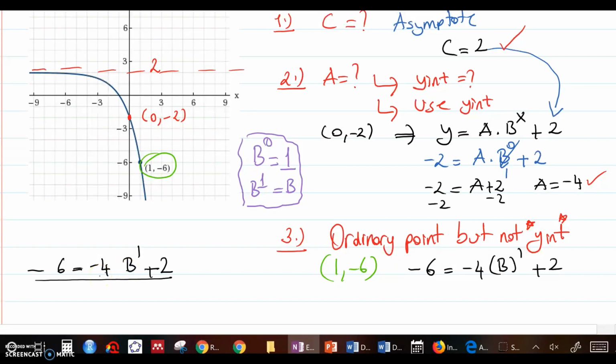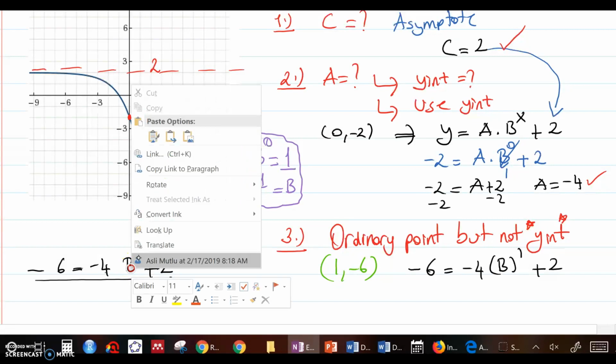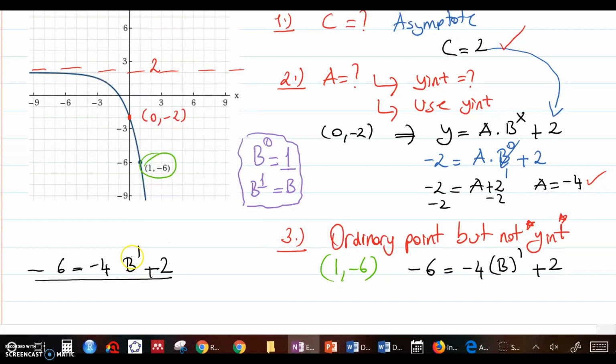However, it's not like that. You're taking the power of b to 1 and then multiplying by -4. So this is the job of the parentheses there. The exponent should always be outside of the parentheses. I'm not sure why WebAssign on the second question is putting it inside and this one outside.